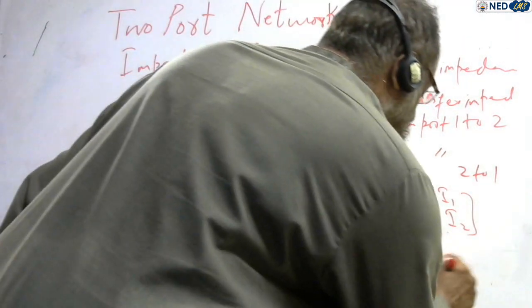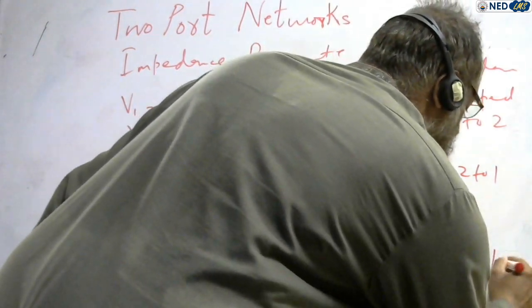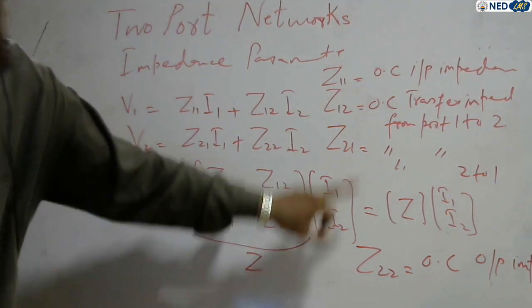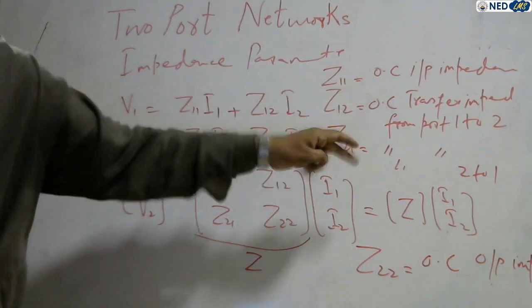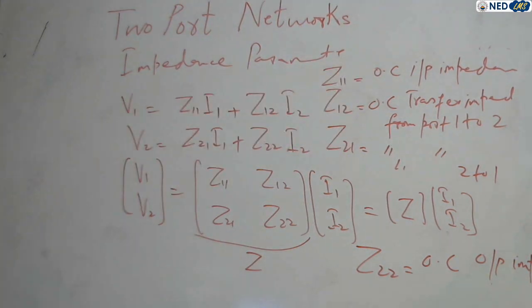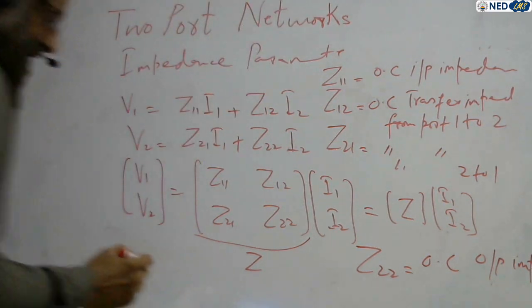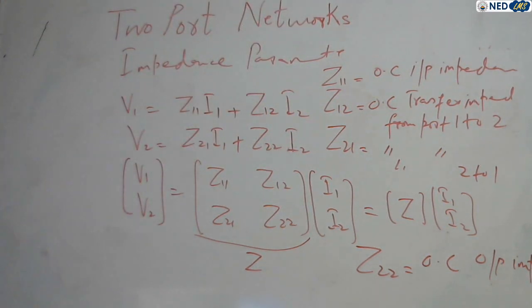So we have the open circuit input impedance, the open circuit output impedance, and in between, the transfer impedance. That means the impedance which is common at both the ports, right? We'll draw a problem also. You will understand it better.